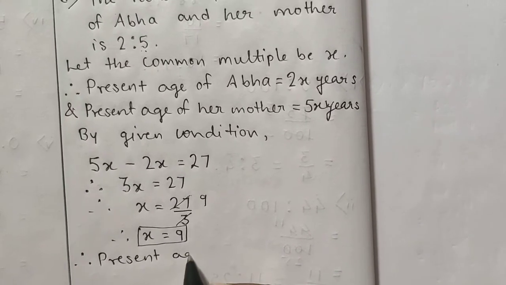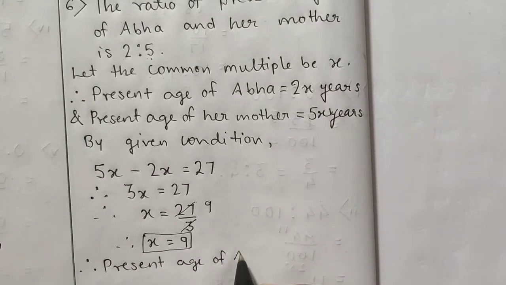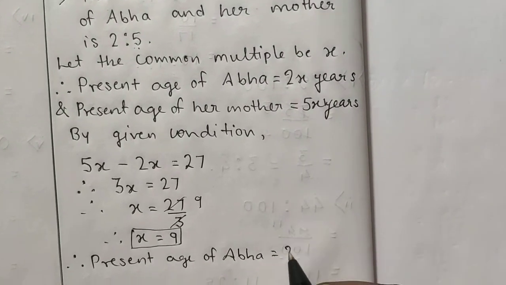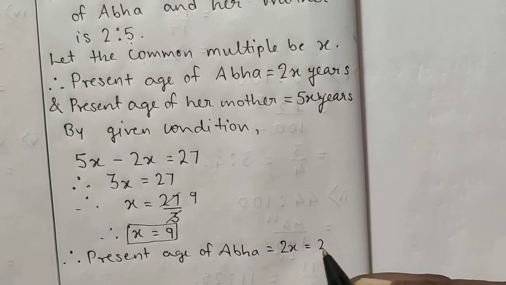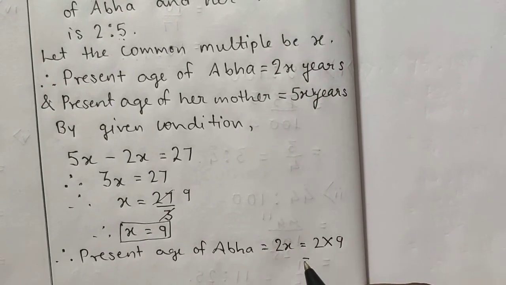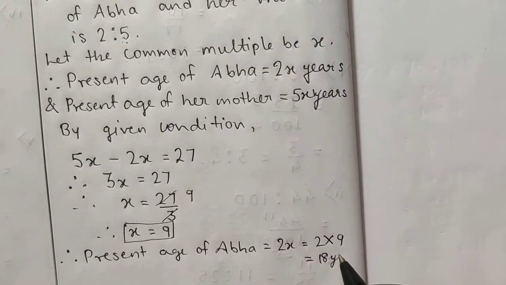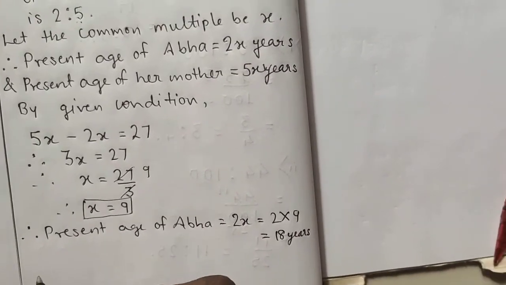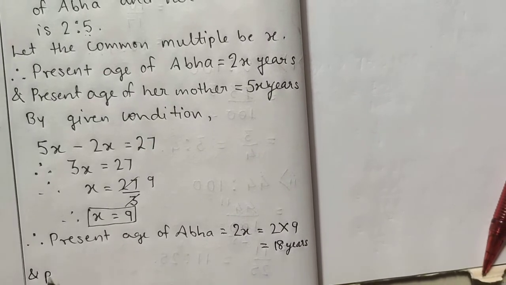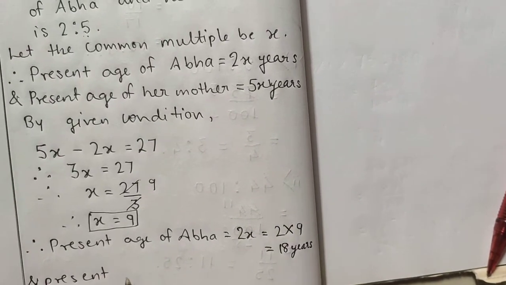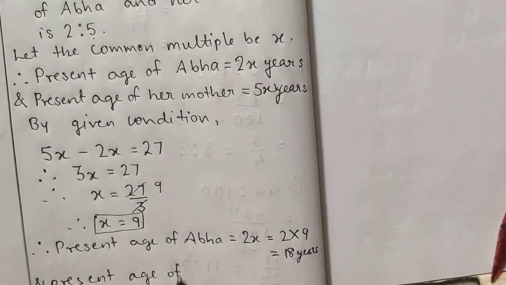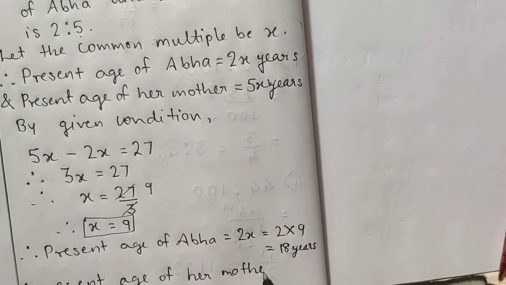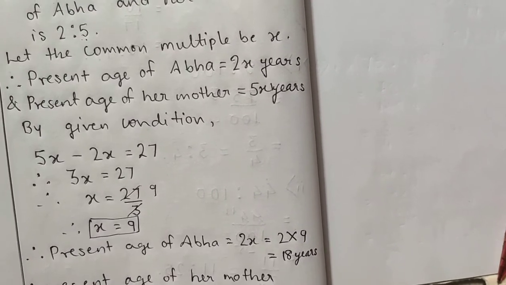Therefore, present age of Abha, already we have written what? 2x. So this is nothing but 2 into 9. And what is 2 into 9? 18 years. So present age of Abha is 18 years and present age of her mother is equal to what? 5x.